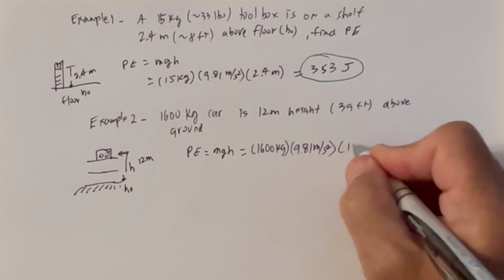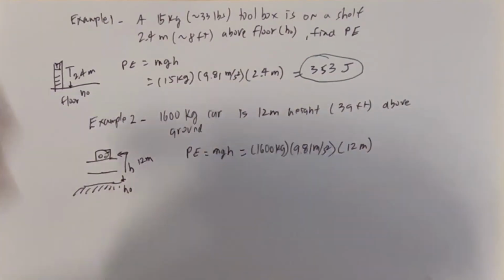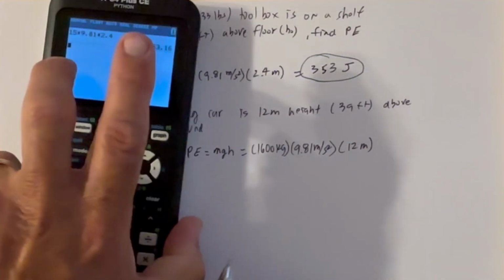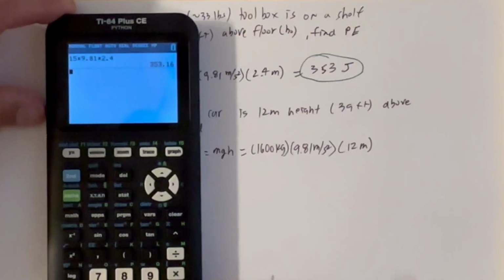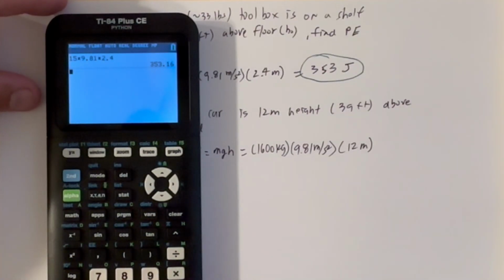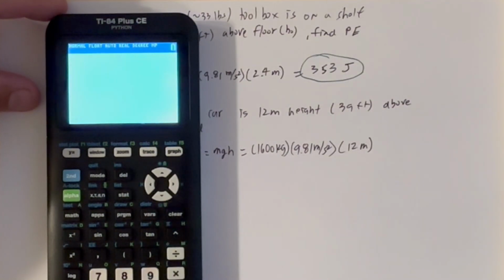And our height is 12 meters. Getting our calculator out, let's see what we get. I'll clear that. 1,600 times 9.81 times 12, enter.